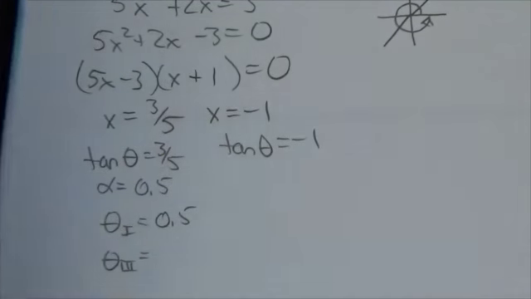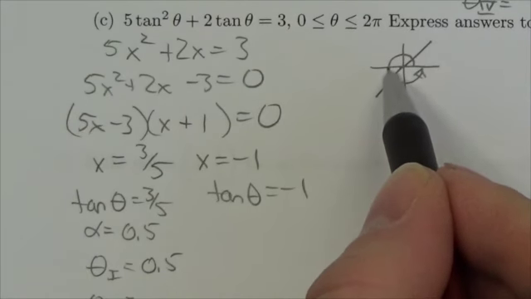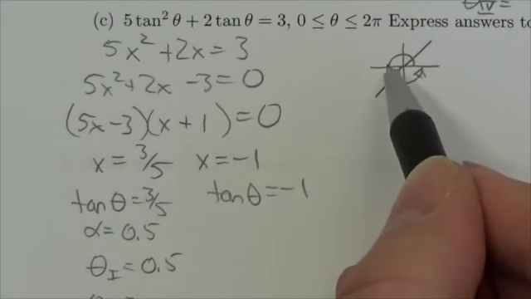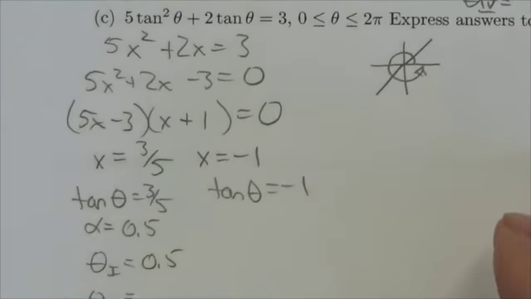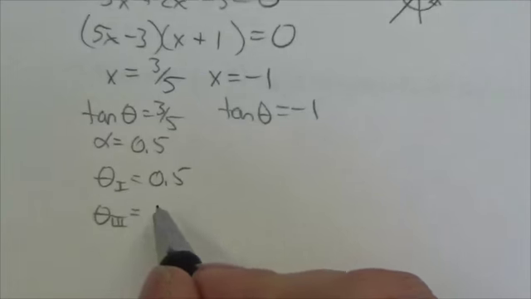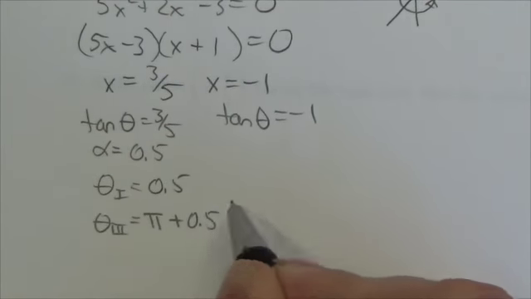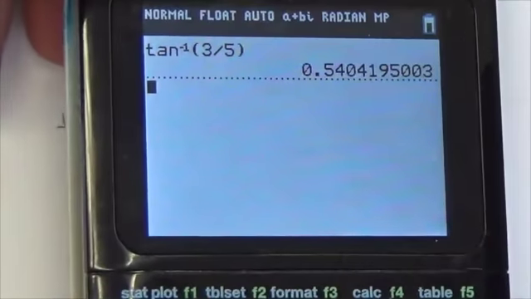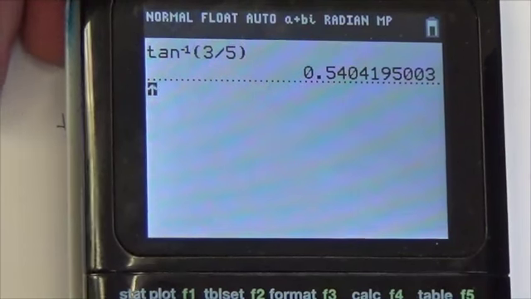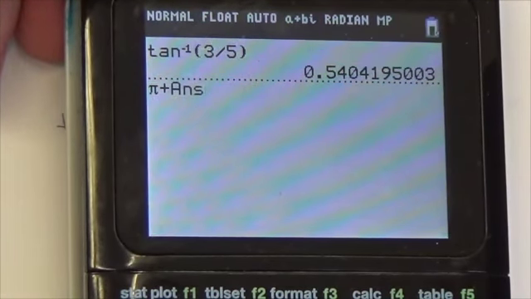But in the third quadrant, look at what we do here. To get into the third quadrant, I rotate around to pi, and then I'm going an additional angle, and that angle is my reference angle. So I go up to pi, and then I add my reference angle. But don't add 0.5. Go to your calculator and do pi plus that angle we just found.